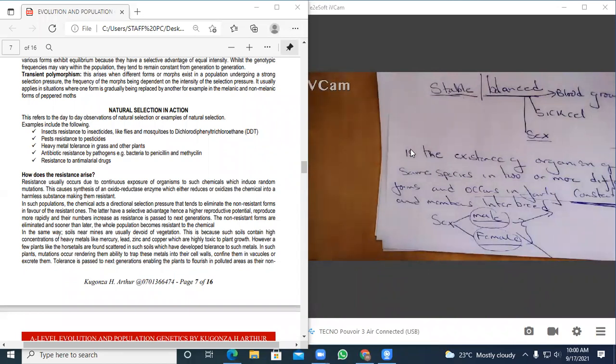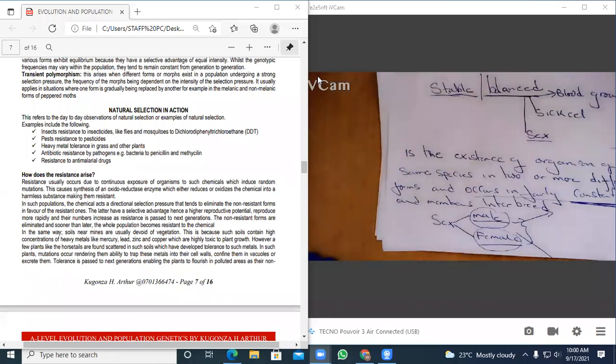Are organisms at a fairly constant level? All increase. It means they are in a fairly constant form. Therefore, they are balancing. They are stable.